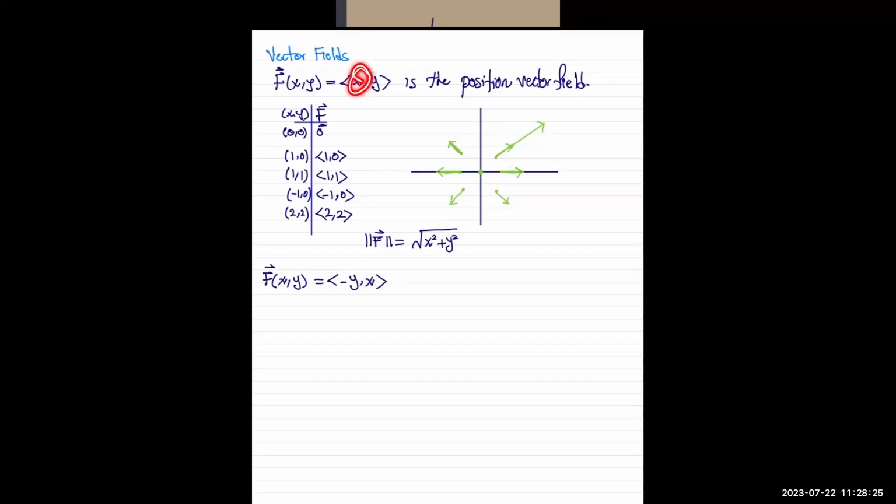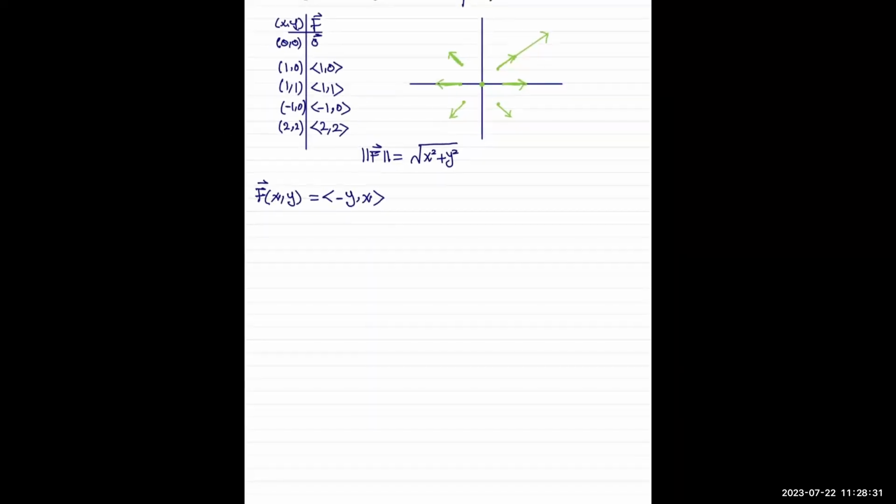The components are the same as x and y here. So they call this the position vector field.